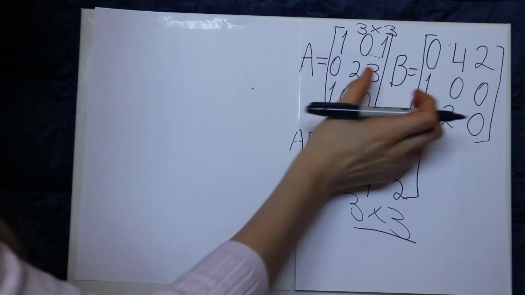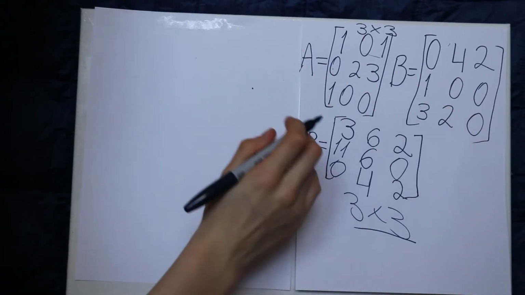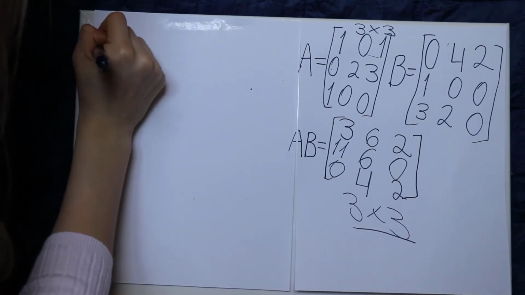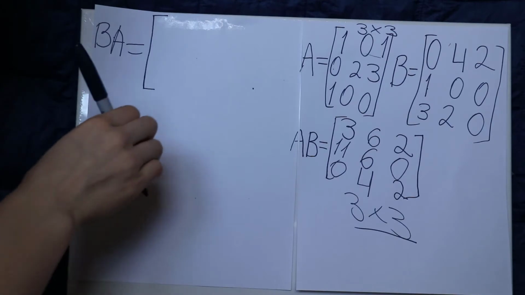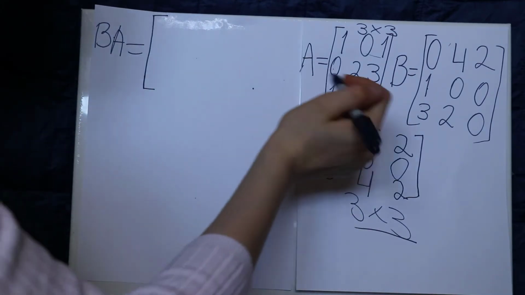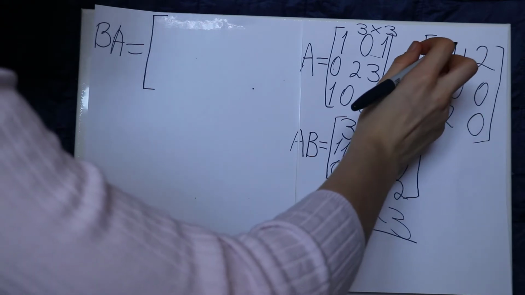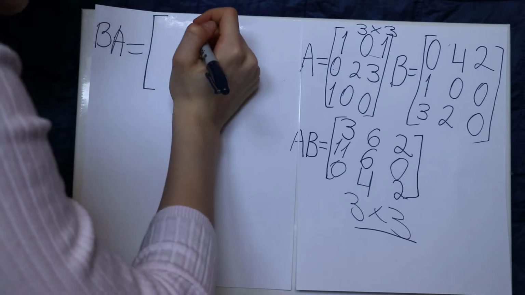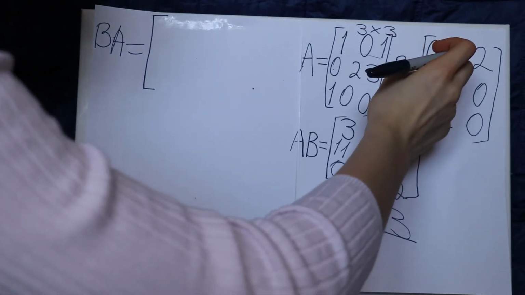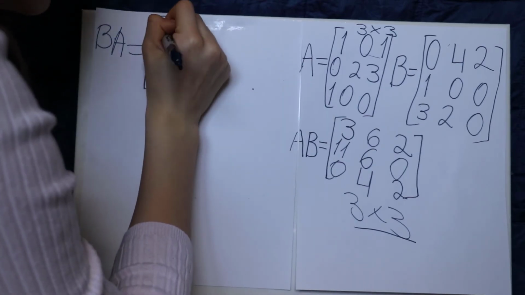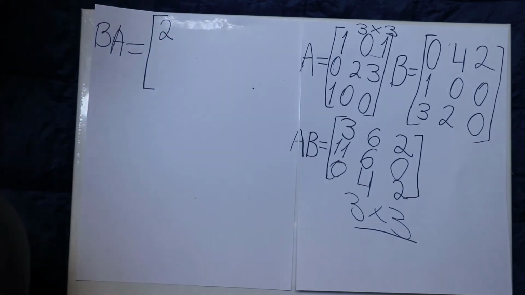Now let's use the same matrices A and B, but instead of multiplying A times B, we're gonna multiply B times A and see if we get the same thing. So, row 1 of B and column 1 of A. So, that's 0 plus 0 plus 2.